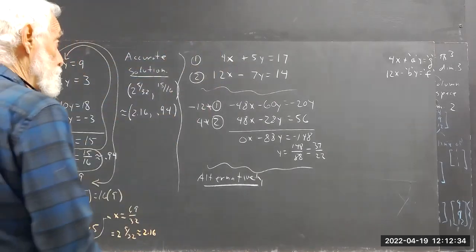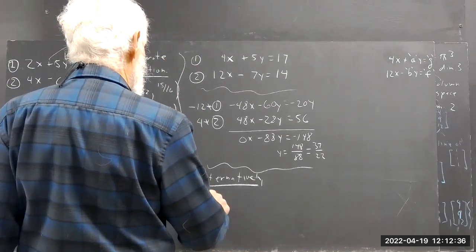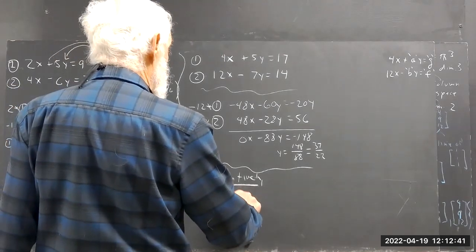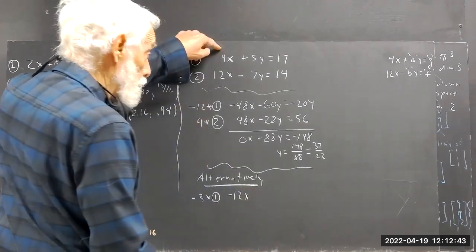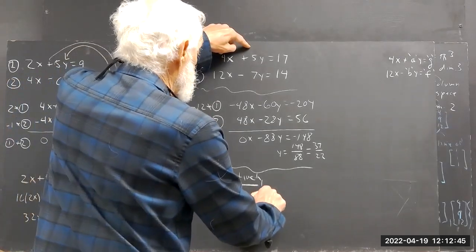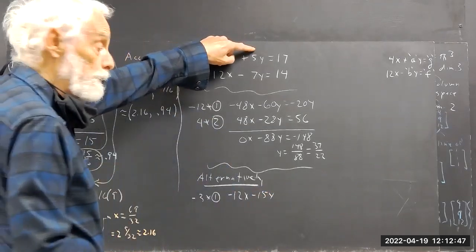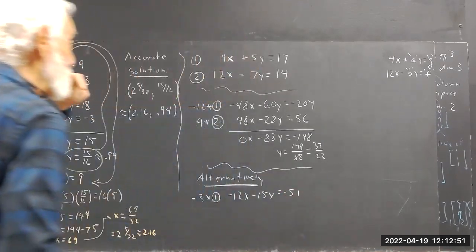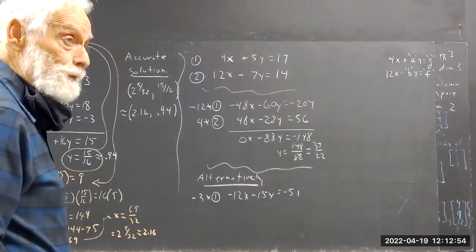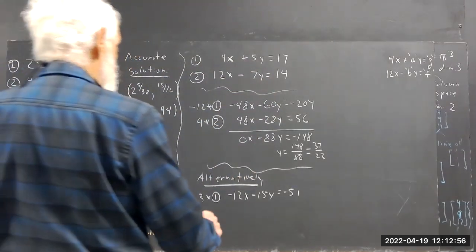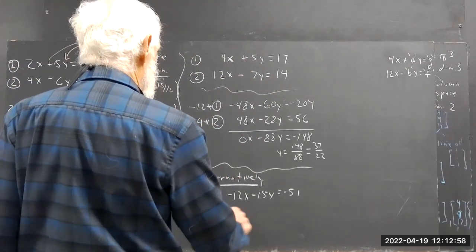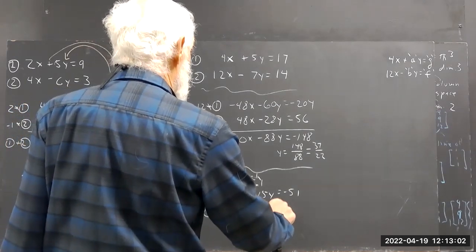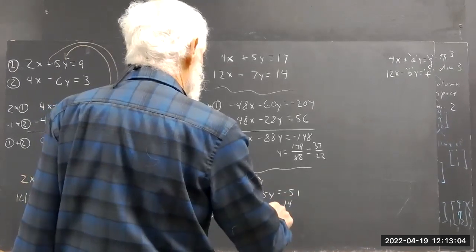Well, I'll do that. So I'm going to multiply -3 times equation 1, which would give me -12x, -3 times 4, and -15y, -3 times 5 is -15, equals -51. 3 times 17, 51, -51. Okay, in the second equation, I don't have to touch. That's just going to be 12x minus 7y equals 14.